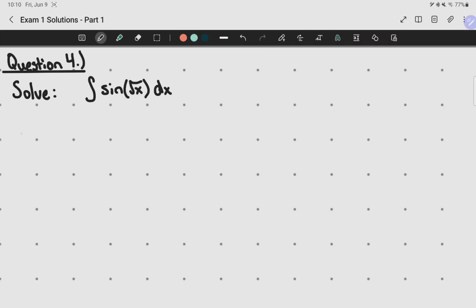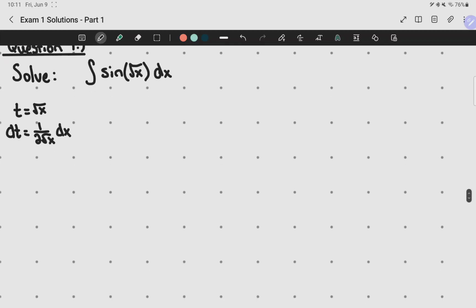So what I'm first going to do, instead of the u sub, is a t sub. So our t equals the square root of x. Our dt equals 1 over 2 root x dx.